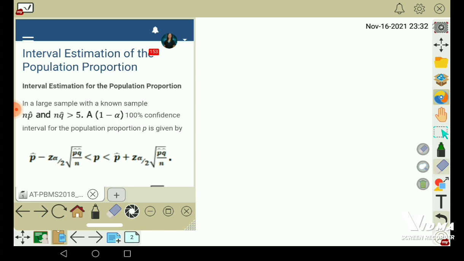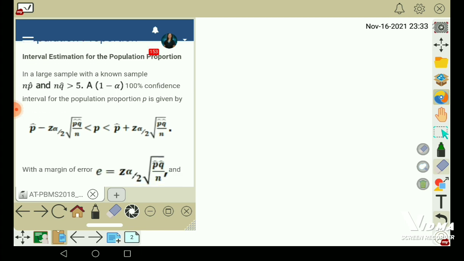That is given by the formula here. I know you are already familiar with this formula because we have already discussed interval estimates with the population mean.